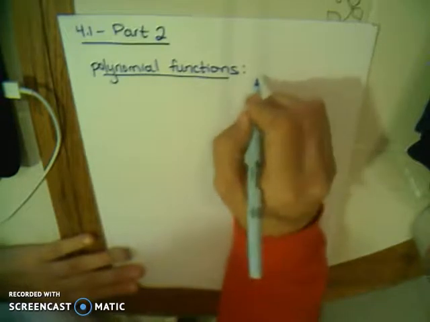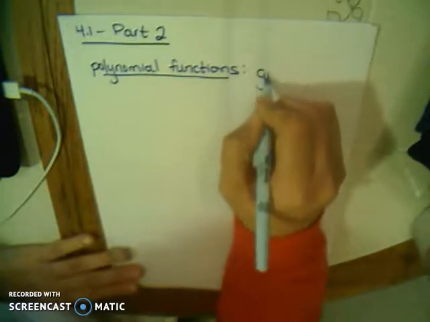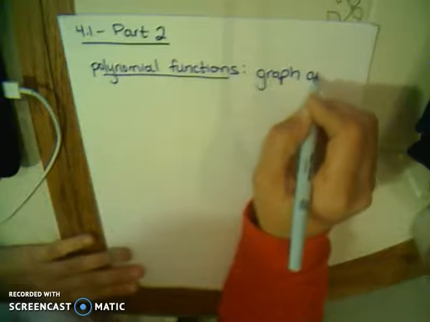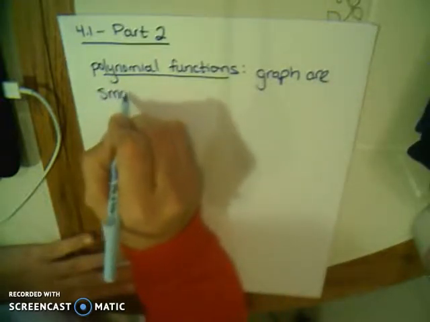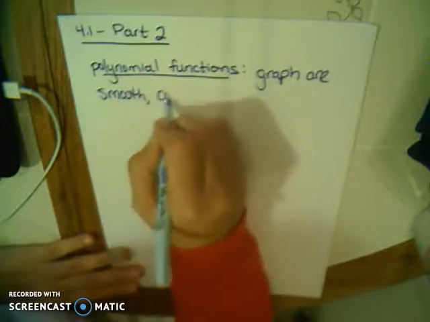For polynomial functions, the graphs are always smooth. And I'll show you an example for each of these in just a second. They are continuous.